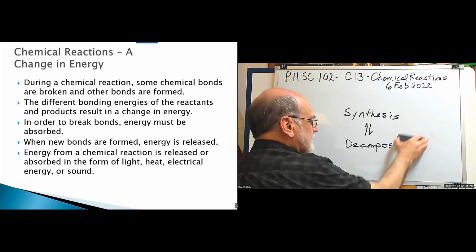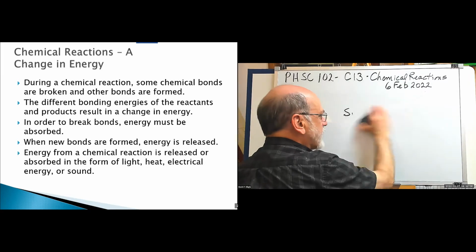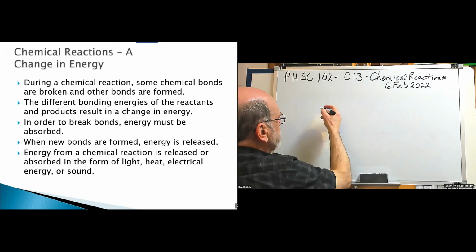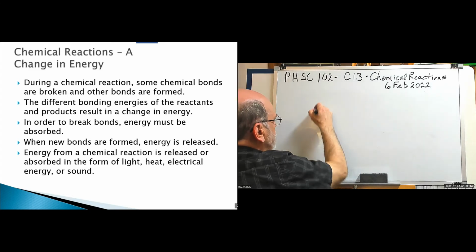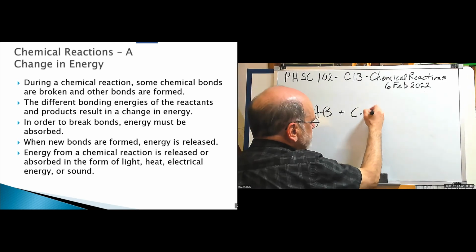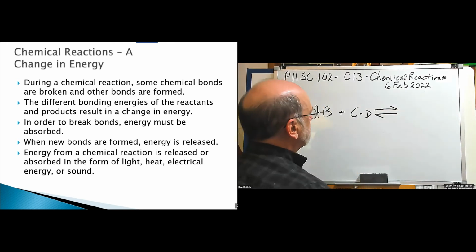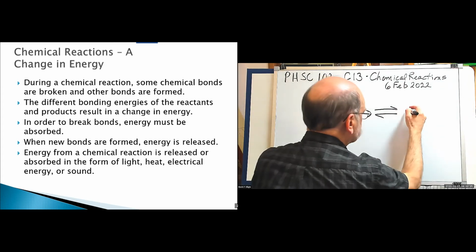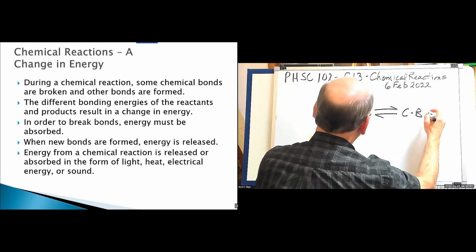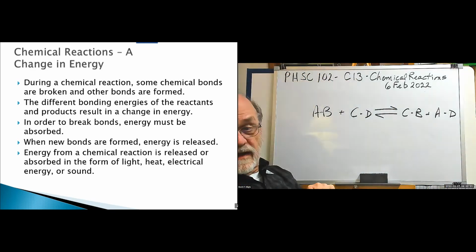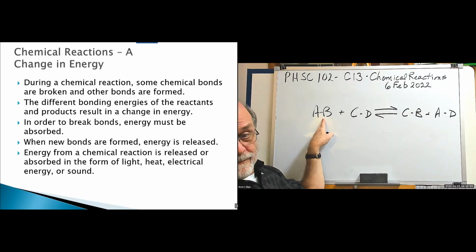So if it takes, let's use a generic reaction. Say we have A combined with B and C with D, and then we're going to take C with B now and A with D. Okay, so the bond that holds A and B together had to be broken.